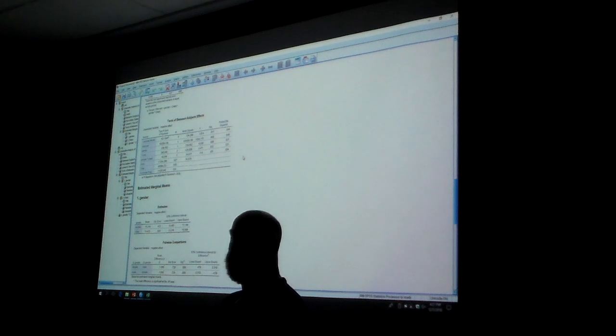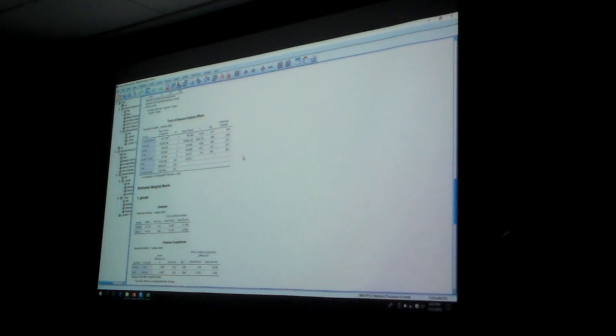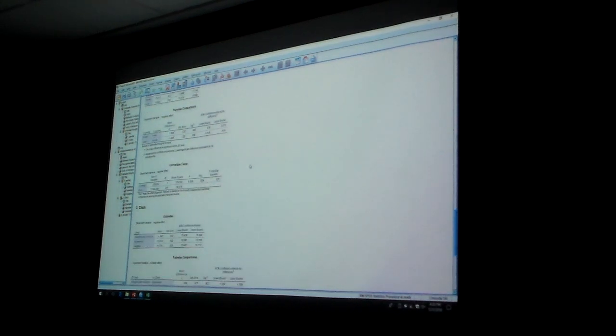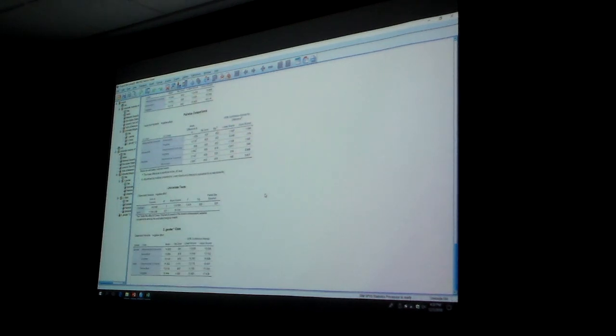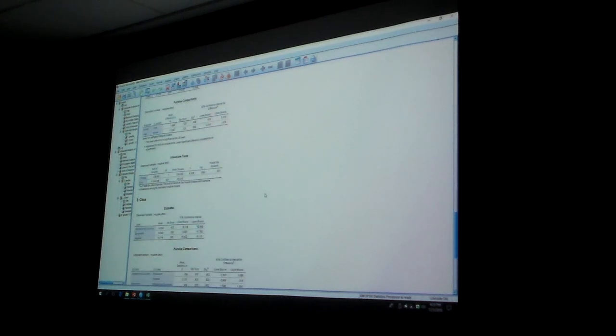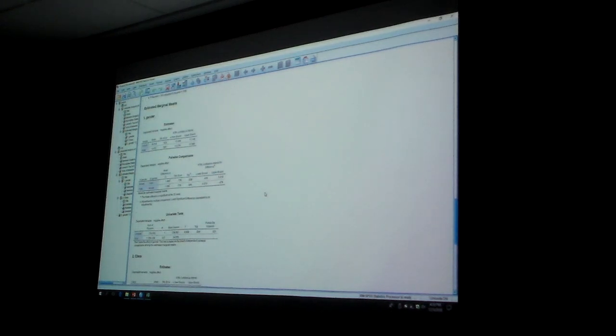But luckily for me, I have very specific hypotheses about what may be going on with this, right? Now before we investigate that, you go down through here and you'll notice that we have estimates.